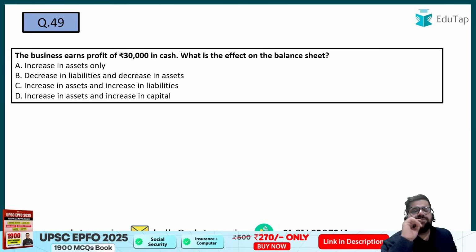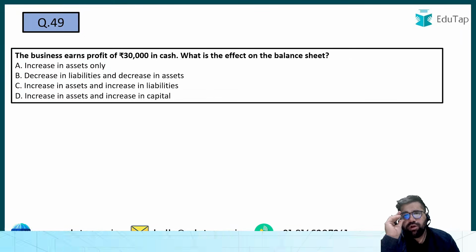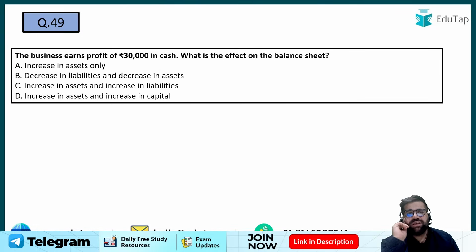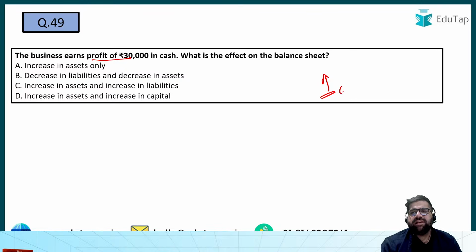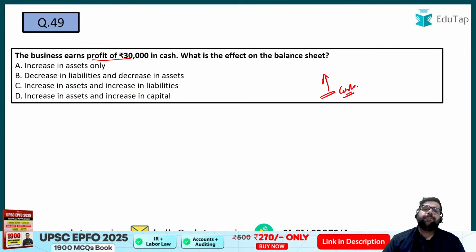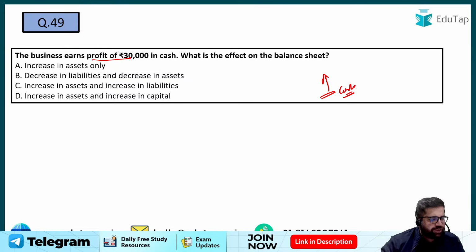Let's go, question number 49. A business earns a profit of 30,000 in cash. What effect will be seen on the balance sheet? Now the business is earning a profit of 30,000 in cash, so definitely my cash balance will increase. Where will you bring the profit?